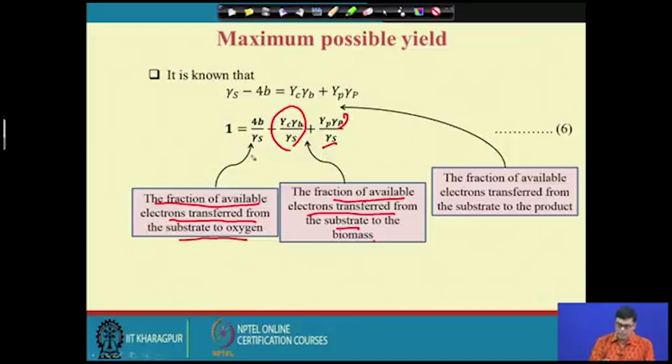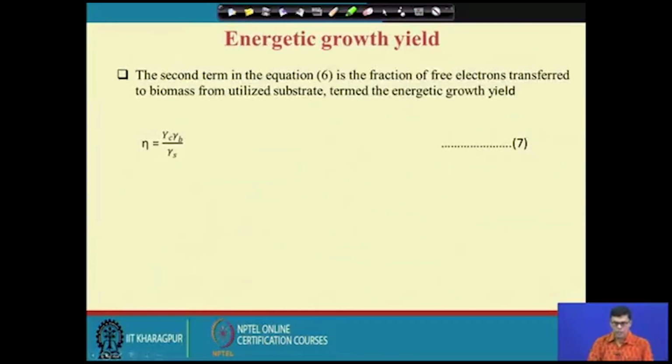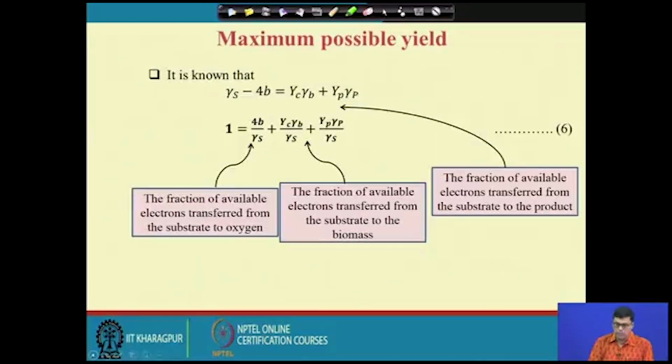So this is oxygen, this is substrate, this is product. This is how electrons are transferring. So, we have 3 different portions here. Now if you look at the previous one, this portion is called energetic growth yield.